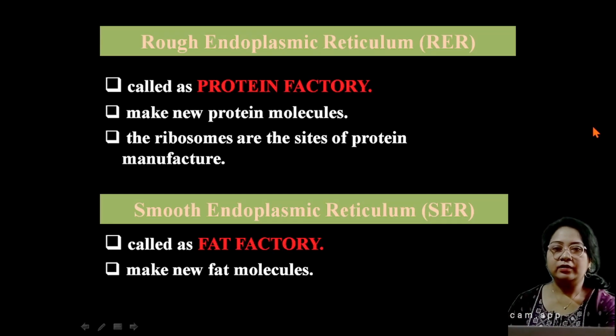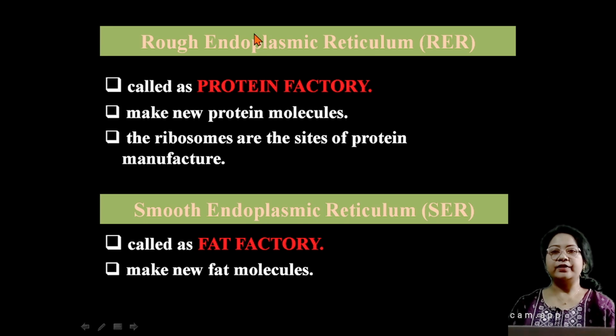So first of all, we'll see the functions of rough endoplasmic reticulum. In the previous video, if you are not aware of it, please go and check my previous video, and then you can see in the last part a flow chart of different types of cell organelles. The endoplasmic reticulum that I told about before will be of two types: rough endoplasmic reticulum and smooth endoplasmic reticulum.